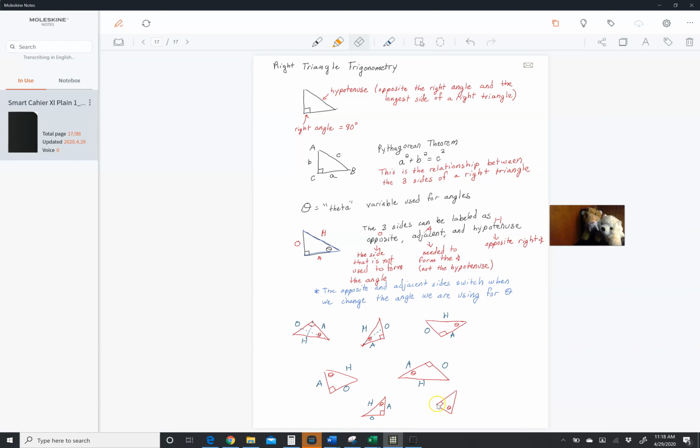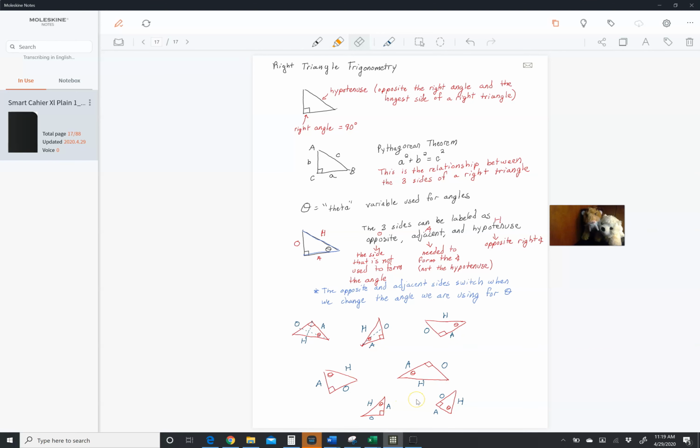Here, we have this side here. This side uses both theta and our right angle. So that side is the adjacent. This side is our hypotenuse. And the side that's left over next to our right angle is the opposite.